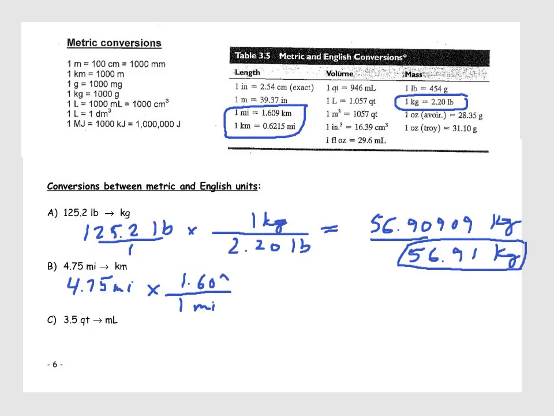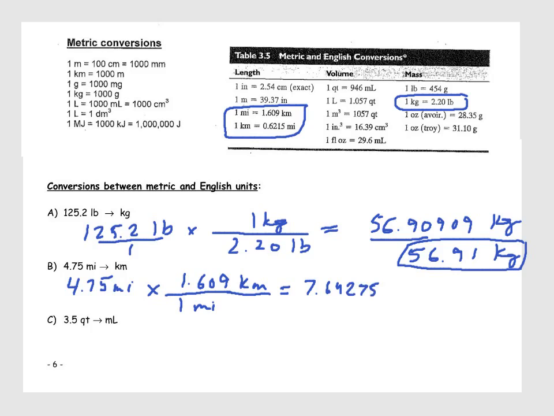1.609 kilometers on the top. The way my numbers are arranged, I'm going to take the 4.75 miles, multiply that by 1.609, and then divide by the bottom, which happens to be a 1. If you do it that way, you're going to get an answer of 7.64275.